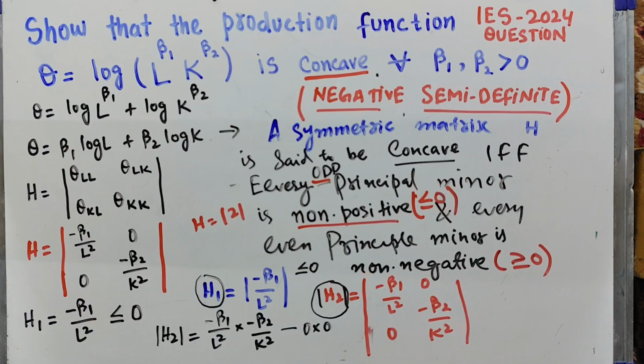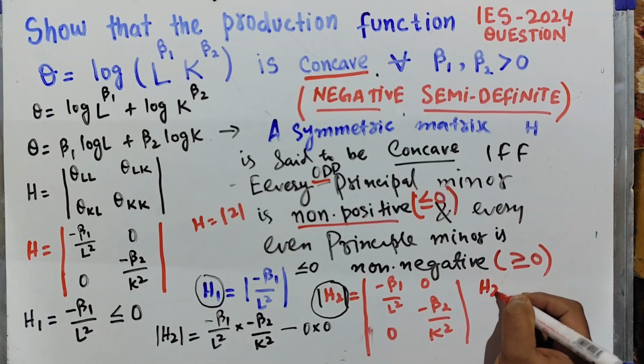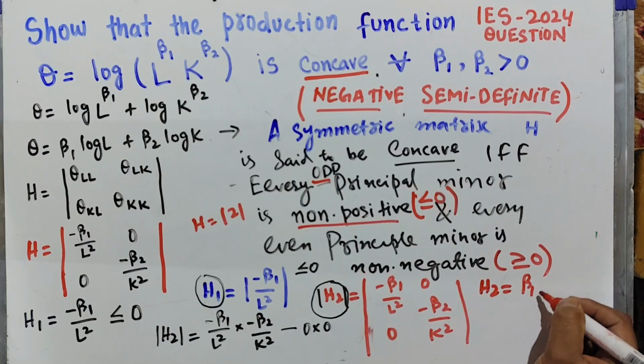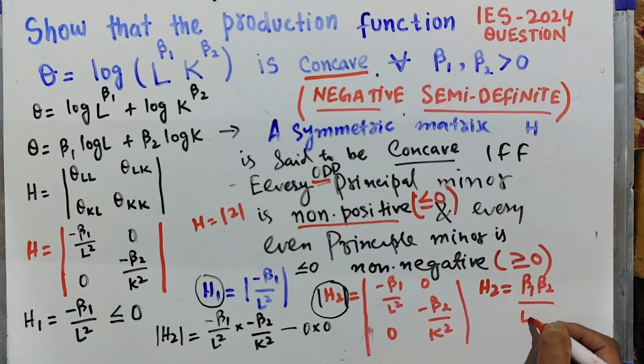Minus into minus is plus, so H2 is beta 1 beta 2 divided by L square k square, which is greater than or equal to 0, obviously greater than 0 in this case.